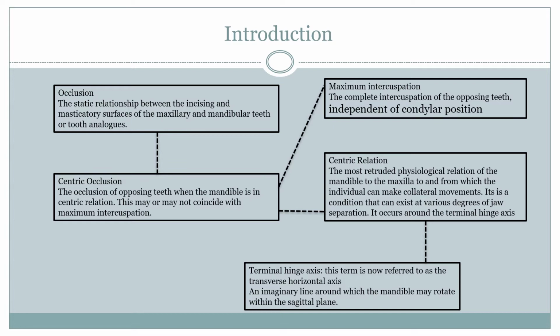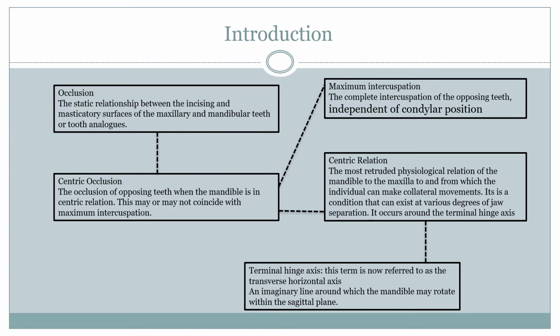And then coming to centric occlusion. Centric occlusion is when the mandible is in the centric relation position, and this may or may not coincide with your maximum intercuspation. Imagine you have an ideal cast of the upper and lower, and all the teeth are present.